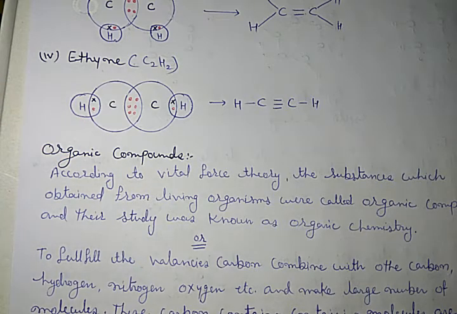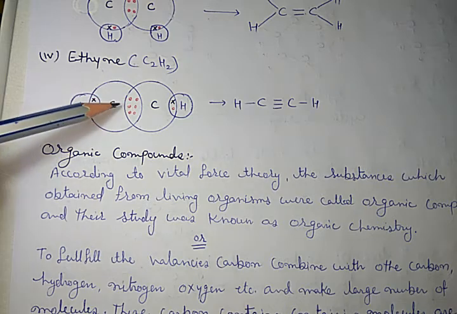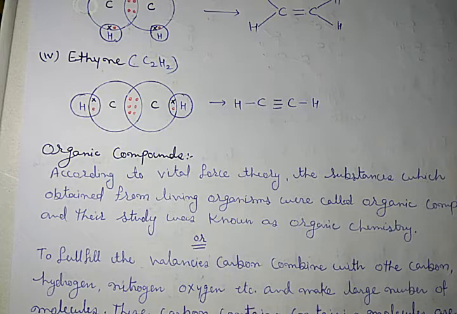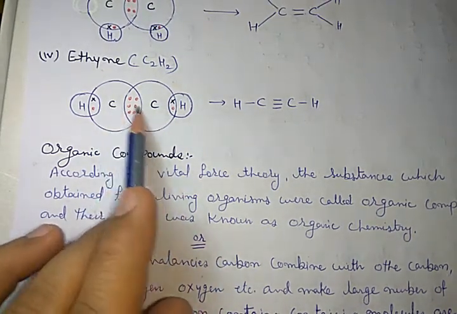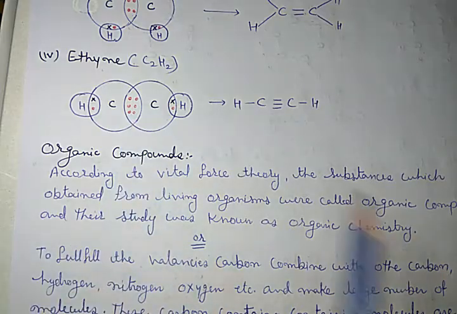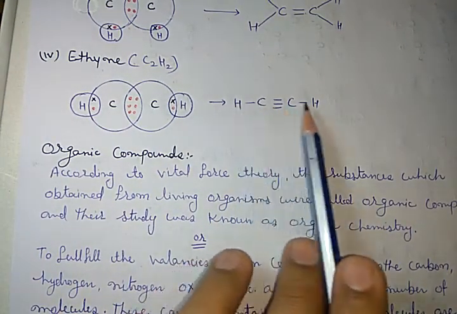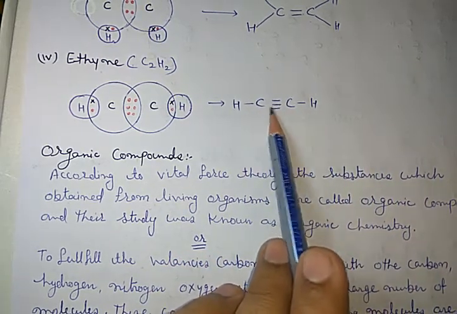Now there are three valencies remaining. To satisfy them, both carbons make a triple bond. Got it? So the structure becomes carbon singly bonded with the hydrogen and triply bonded with each other.